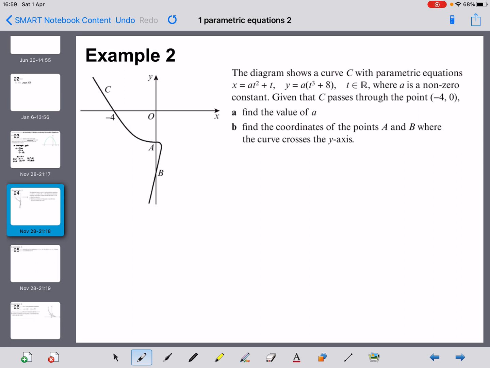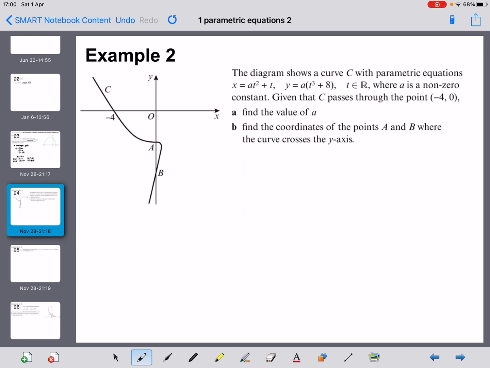The next question. The diagram shows a curve C with parametric equations x equals a t squared plus t and y equals a lots of t cubed plus 8, where t can be any number and a is a non-zero constant.